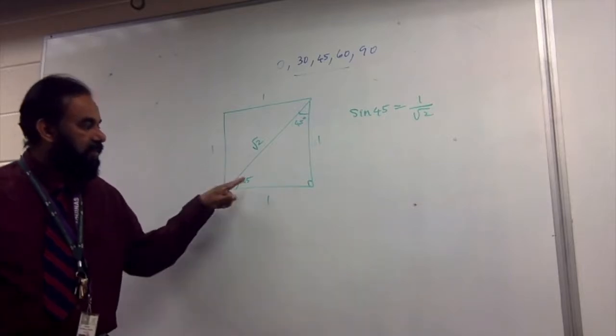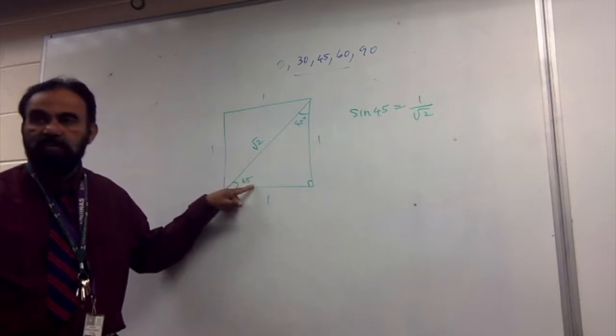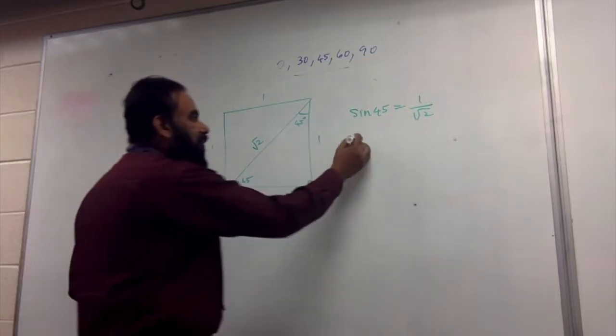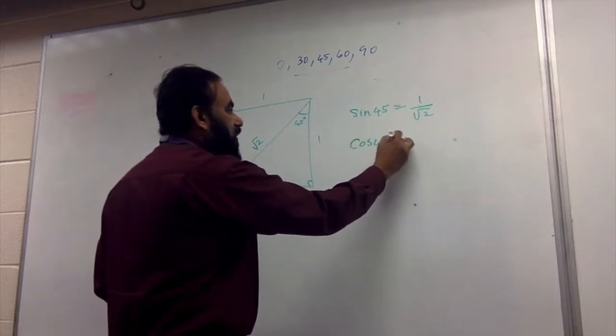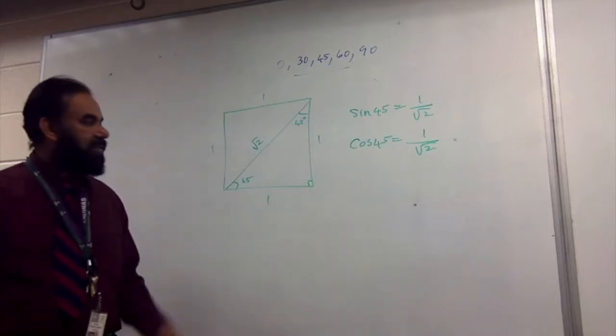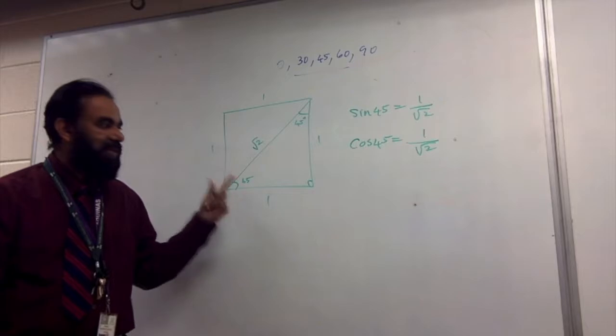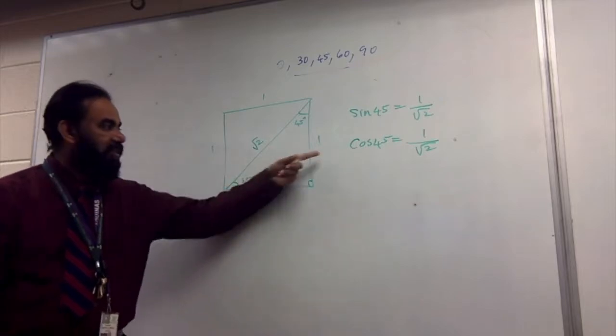Sine 45 is this. Cosine 45 is adjacent over hypotenuse. Because it's an isosceles triangle, it doesn't matter. Sine 45, cosine 45, it's going to be 1 over root 2.